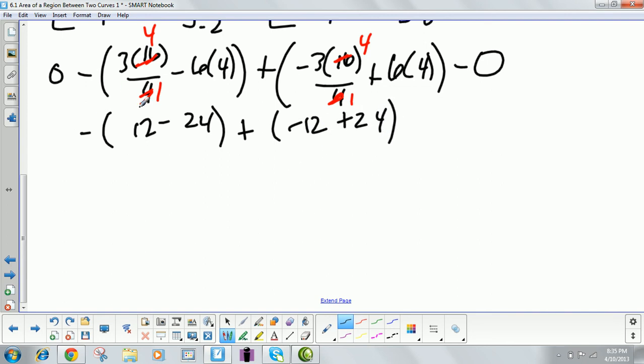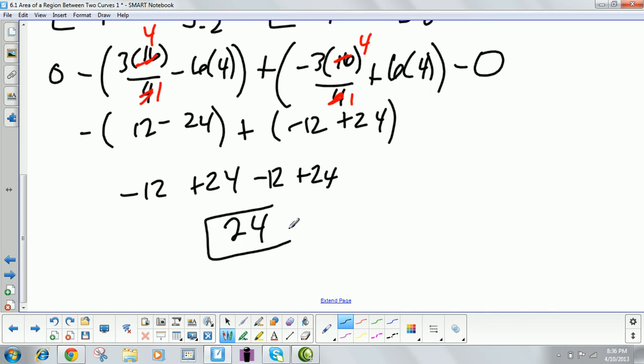When we distribute this negative in, it becomes negative 12 plus 24 minus 12 plus 24. So when you simplify all this, it equals 24. So you can check your answer, see how you did, and then we'll move on to the next problem.